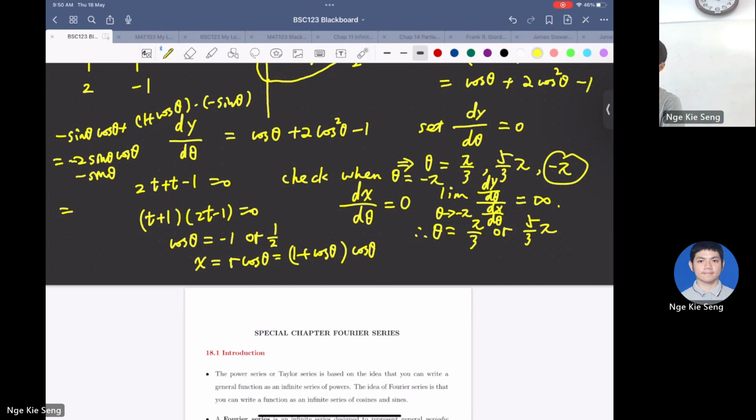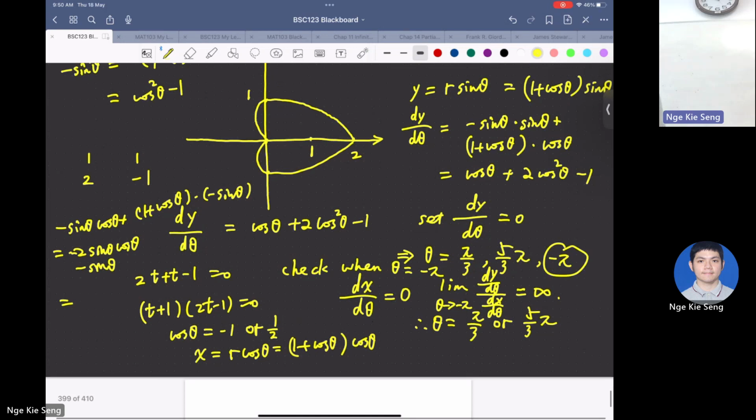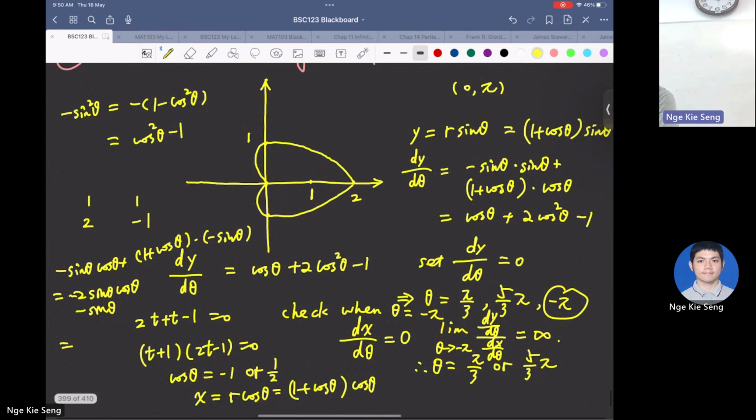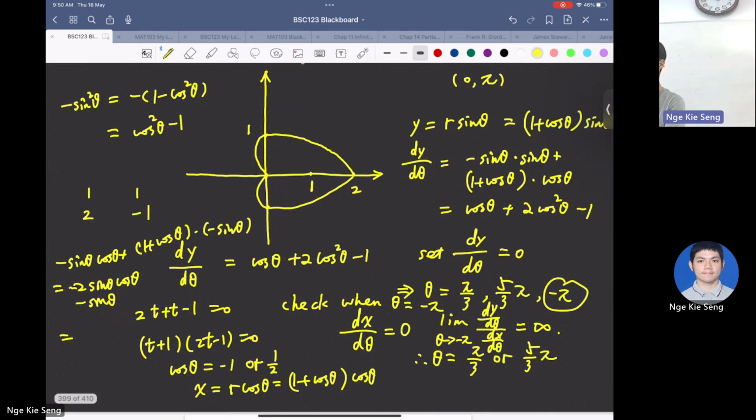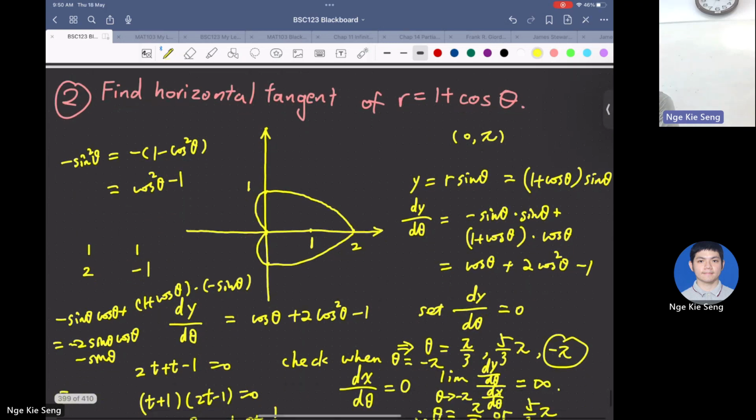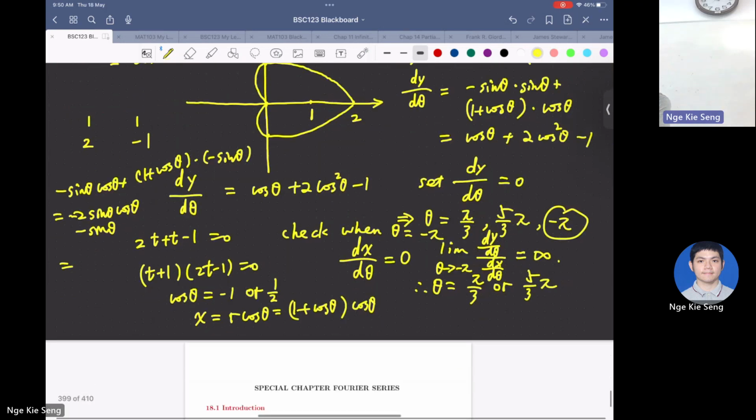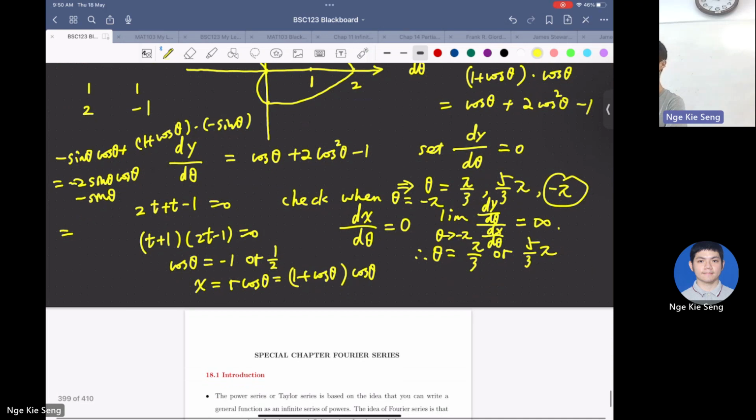So when theta equals minus pi, actually it is the vertical tangent. So the final answer is pi over 3 and 5 pi over 3, and something.